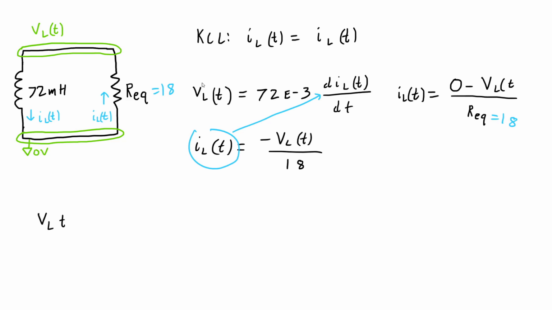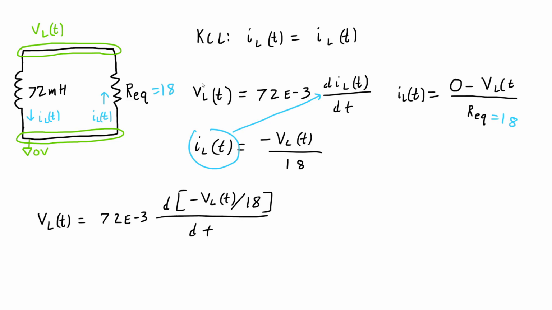So we get VLT equals 72 e minus 3, d, let me put this in the brackets, VLT over 18 dt.